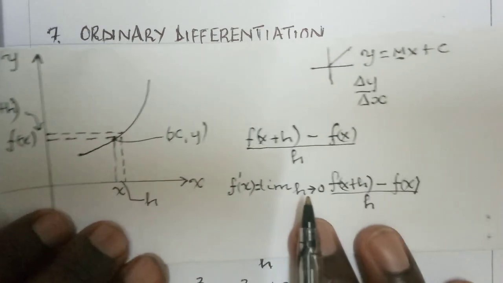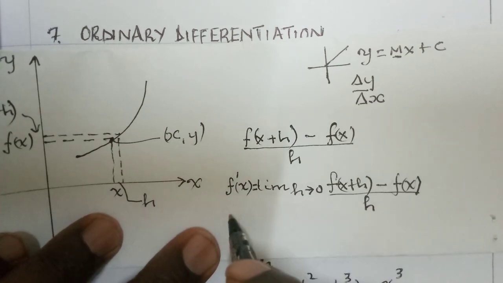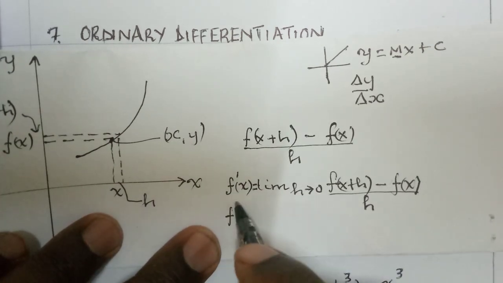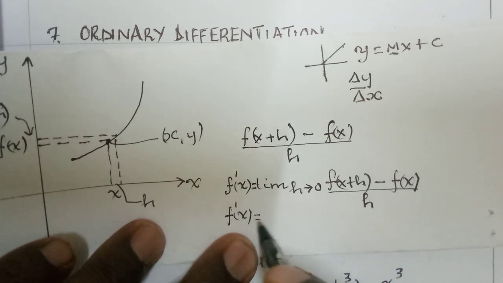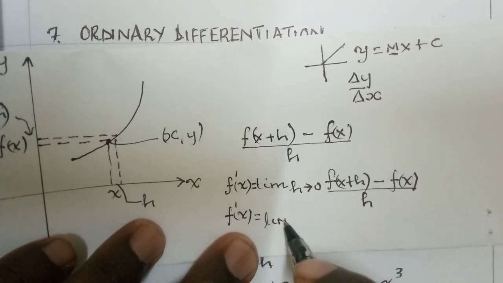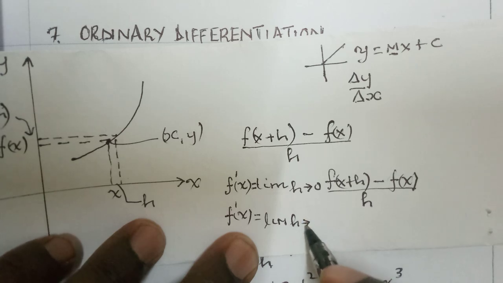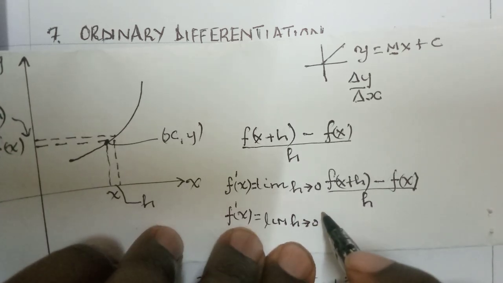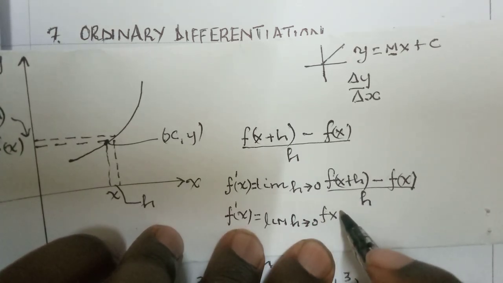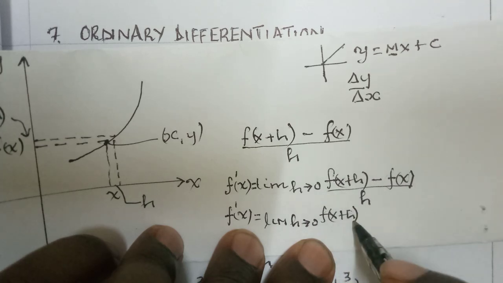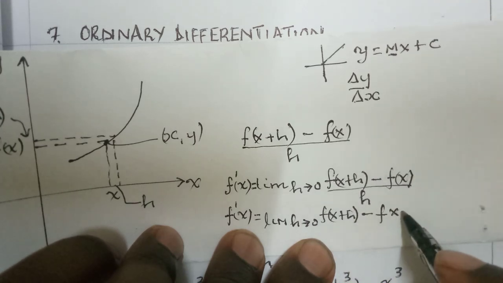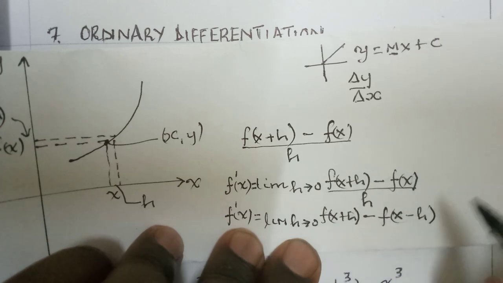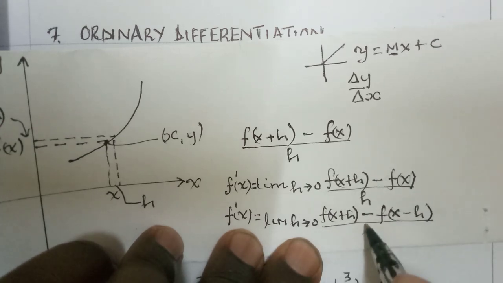At the same time, we can also have f prime of x, the derivative of x, being equal to the limit as h tends to 0 of f(x plus h) minus f(x minus h) all over 2h.